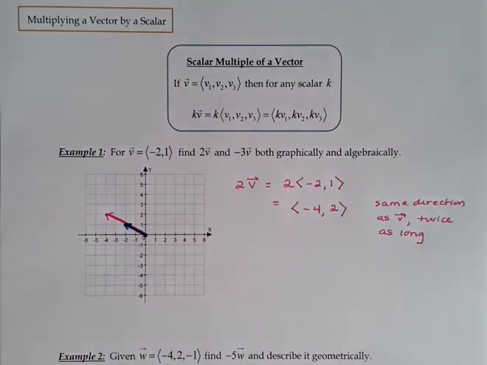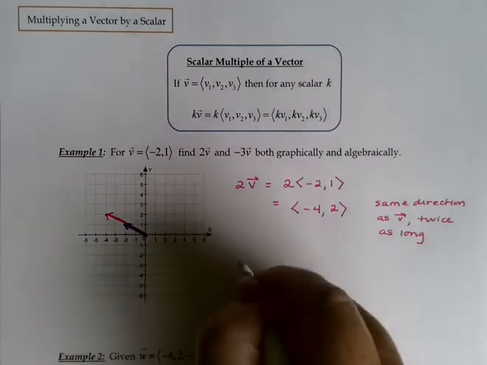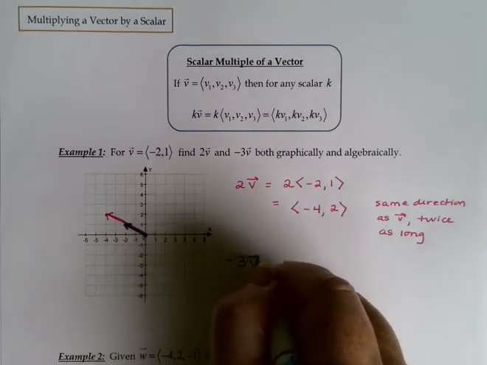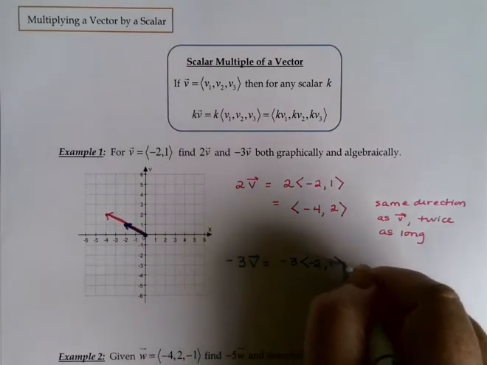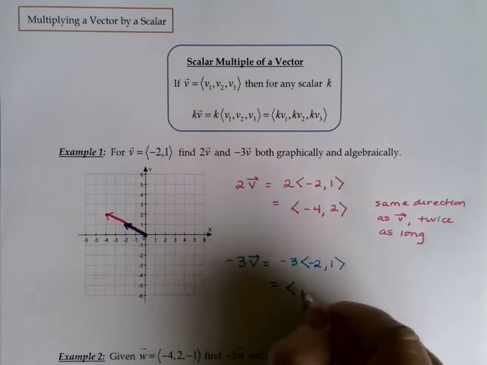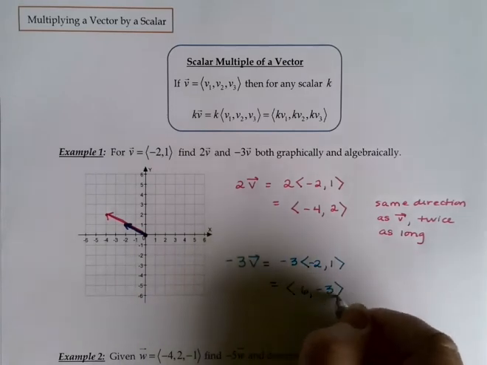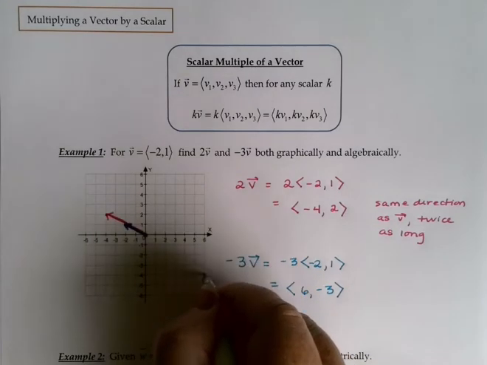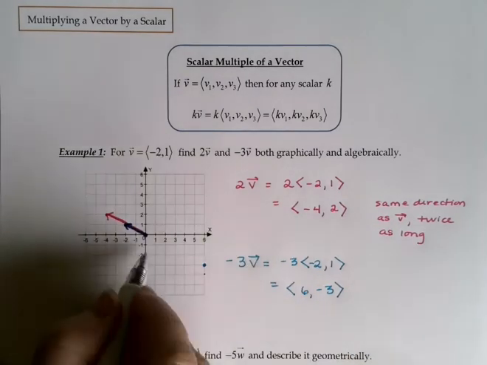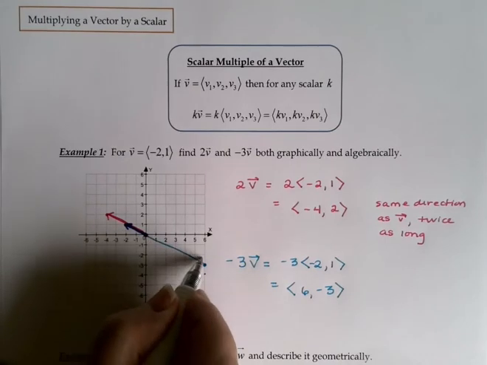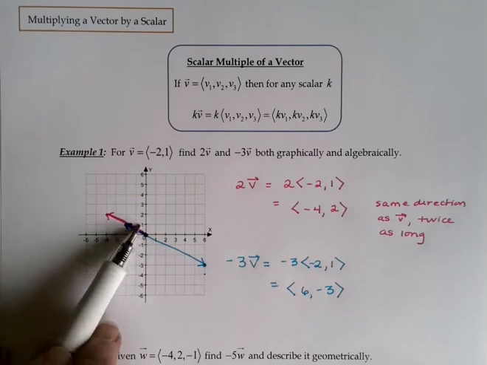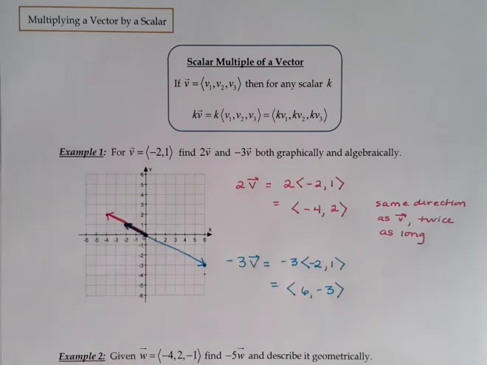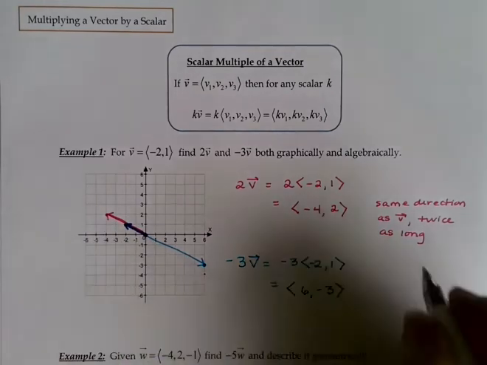All right, what about if we want to do negative 3v? We'll just take negative 3 times our vector v, negative 2, 1. And that's going to give us 6, negative 3. It's right there. In this case, my new vector is in the opposite direction, exactly 180 degrees from the original, and it's actually 3 times as long.